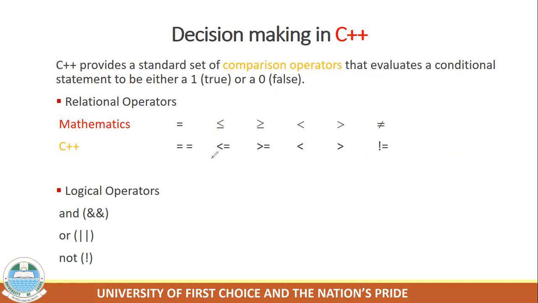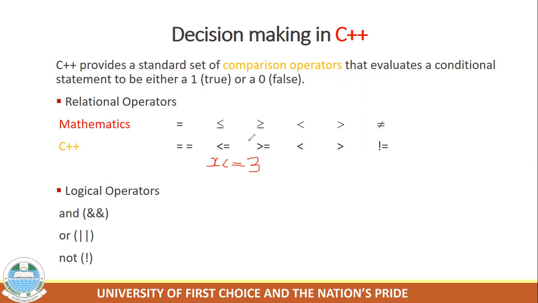Is x less than or equal to 3? This is the way we write our comparison in C++. Likewise, in mathematics, you write greater than or equal to with a symbol, but in C++, this is the way you write it.